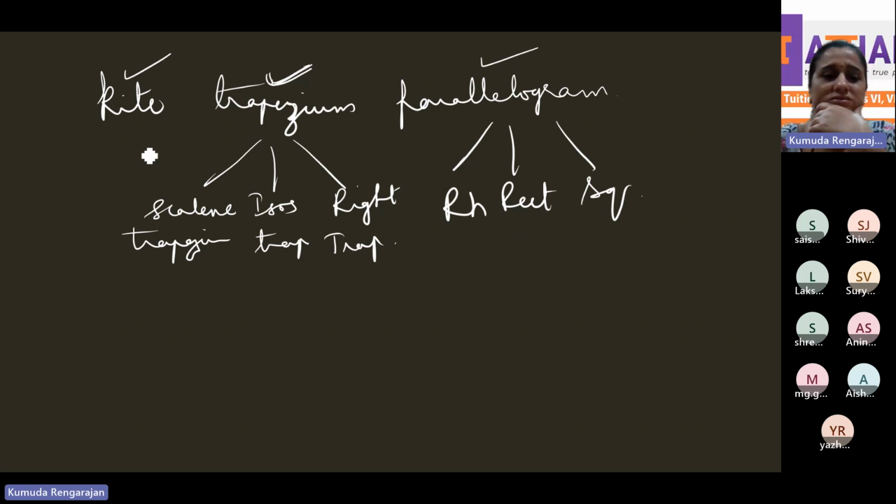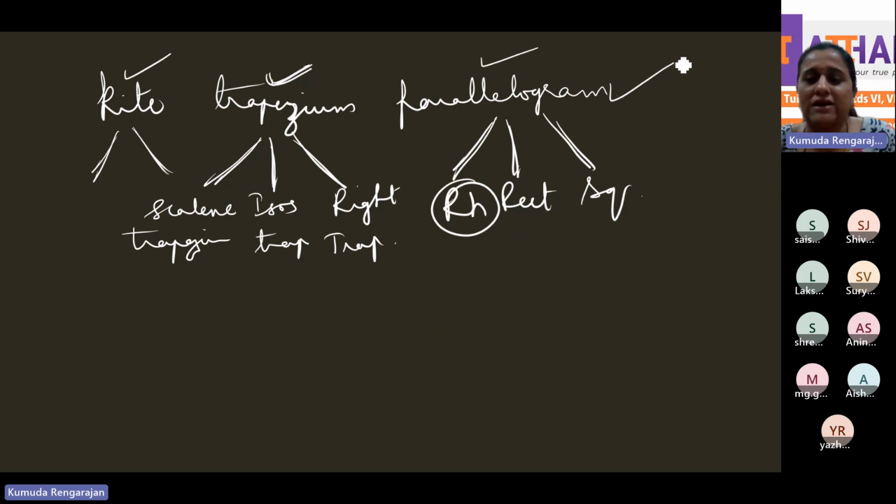Kite is not further classified. So these are the different types of trapeziums: scalene, isosceles, right. Parallelogram, three types: rhombus, rectangle, square.